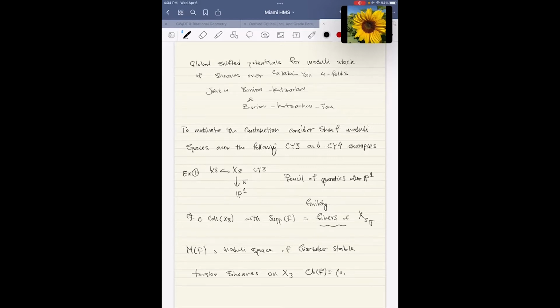So their rank is 0 because they are torsion. The Chern character is telling you their rank as well as their support, so r times the class of F, where we define F as the fiber of the Calabi-Yau 3. They have some second Chern class, a curve class, and some third Chern character associated.